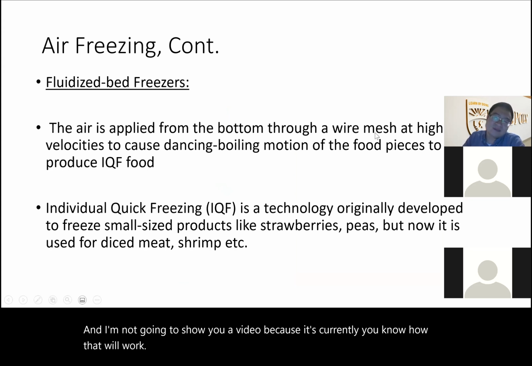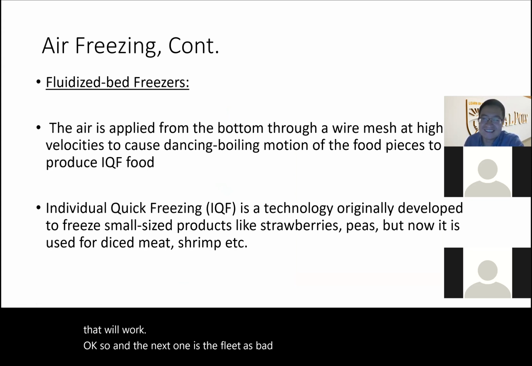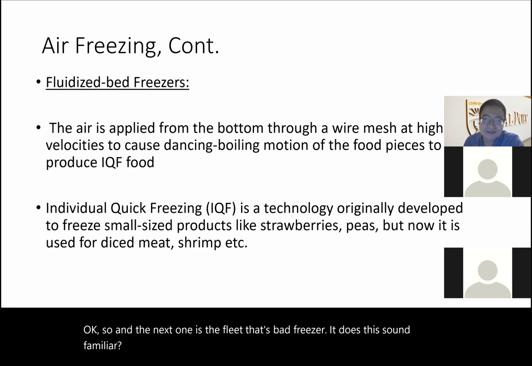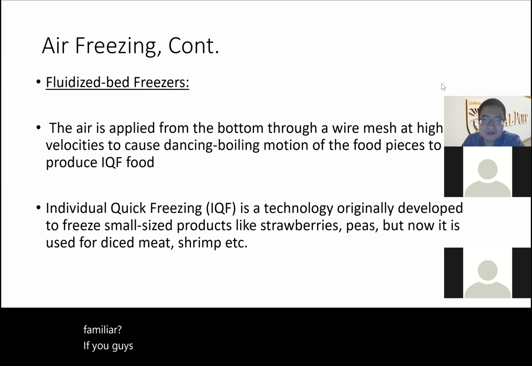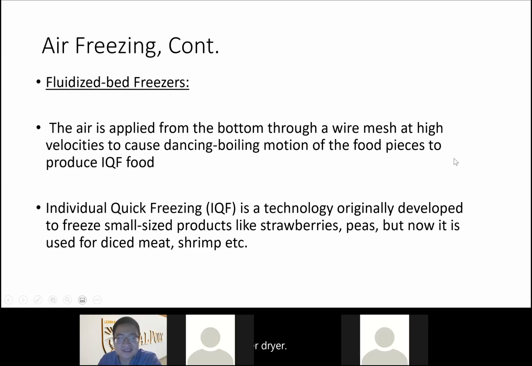Okay, the next one is the fluidized bed freezer. Does that sound familiar? If you still recall the fluidized bed dryer, this one is also very similar, right? When we are freezing small particle foods like peas, strawberries, sometimes rice kernels, and we want to expedite their freezing process, we use very strong air to blow them up so they have a maximal contact area with the surrounding cold medium, right?